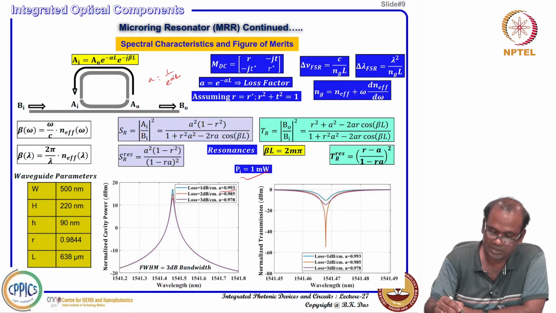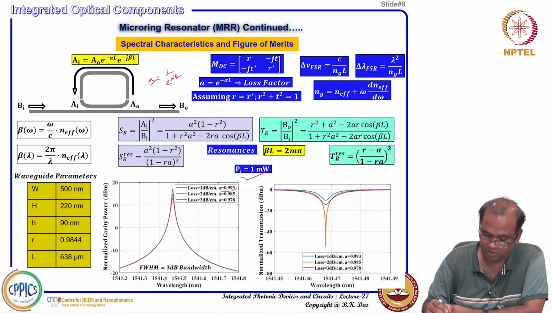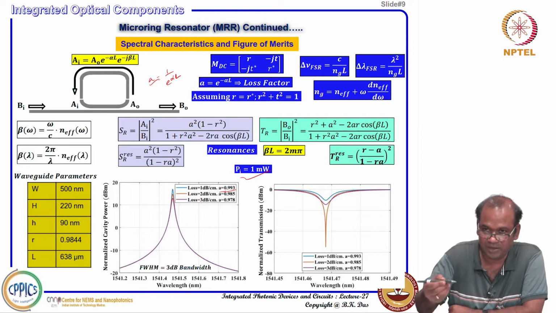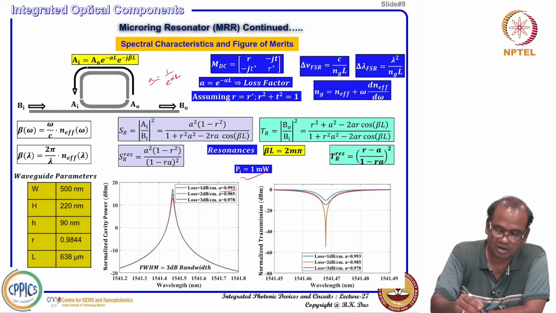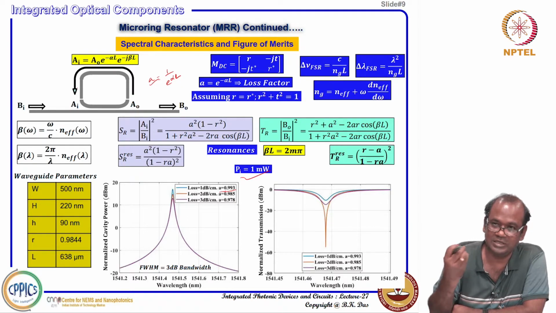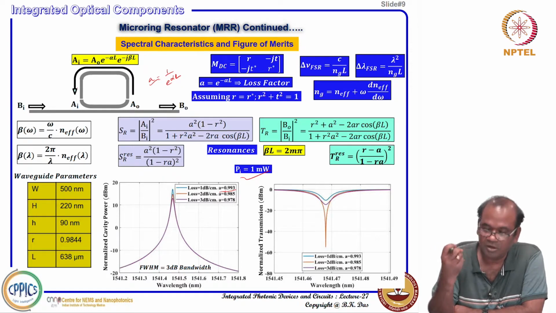So, if alpha is increasing, A will be dropping. If A drops, that means loss is high. A dropping means, for one round trip, how much is coming back is reducing, meaning loss is increased.